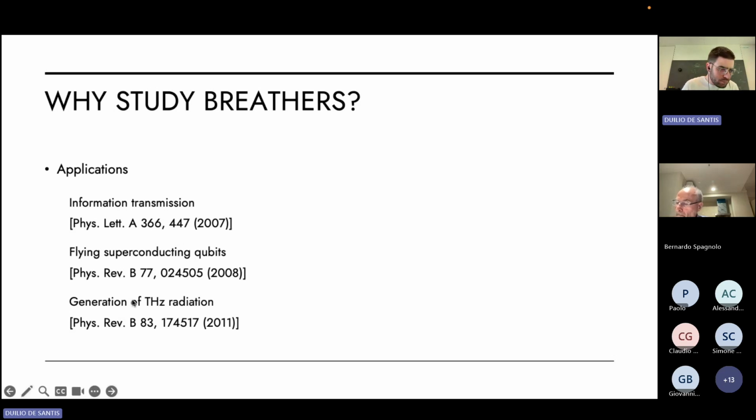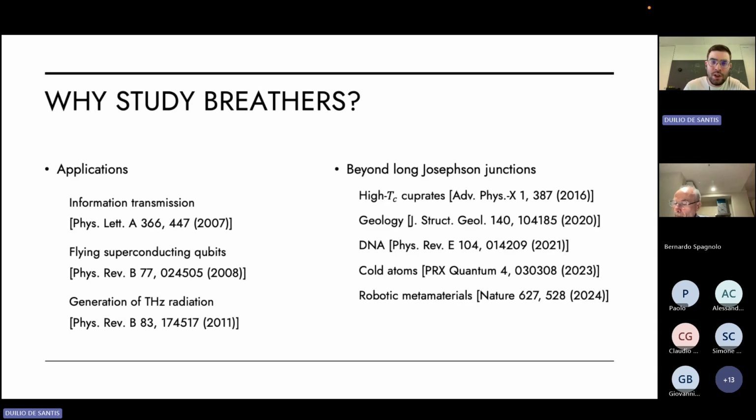And essentially, these breathers oscillate at terahertz frequency. And so you could also envision applications for them as terahertz generators. Generating terahertz radiation is nowadays quite an important challenge.